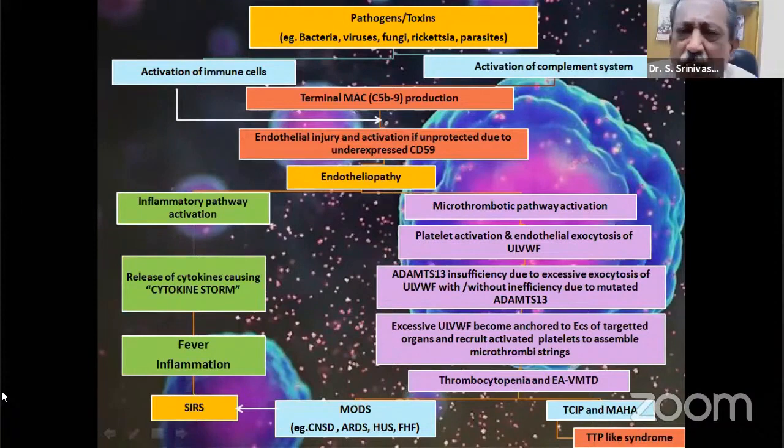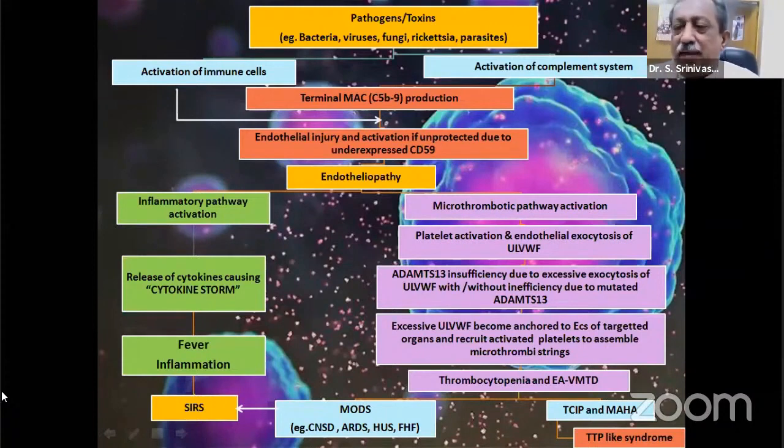There is one thing called MAC, that is membrane attack complex. This MAC, using the complements C5b, C6, C7, C8, C9, may cause endothelial damage. So both this complement system and the immunological system are going to damage the endothelium. That is what we call endotheliopathy.